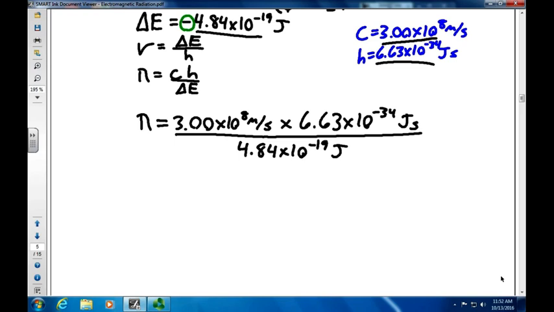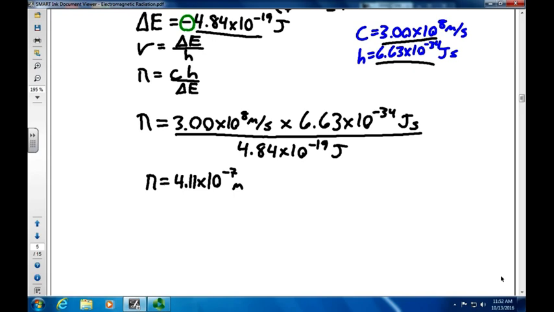So this is the wavelength of the light emitted, which is why the negative disappears. It's already taken into account because this is being emitted. Always remember that. So lambda, after you do the calculation out, will be 4.11 times 10 to the minus 7 meters.